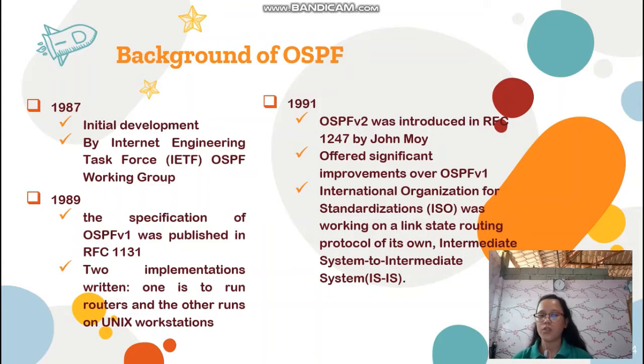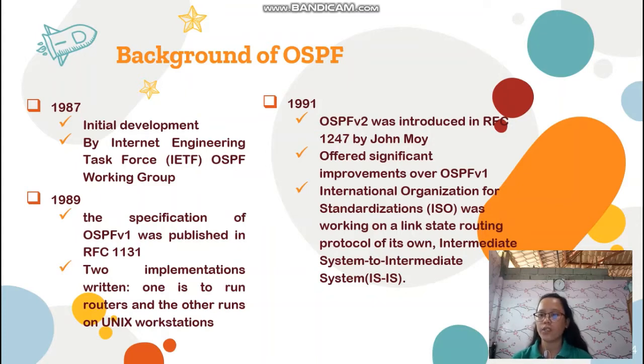One is to run on routers and the other runs on Unix workstations. And in 1991, OSPF version 2 was introduced in RFC 1247 by John Moy, and it offered significant improvements over OSPF version 1.